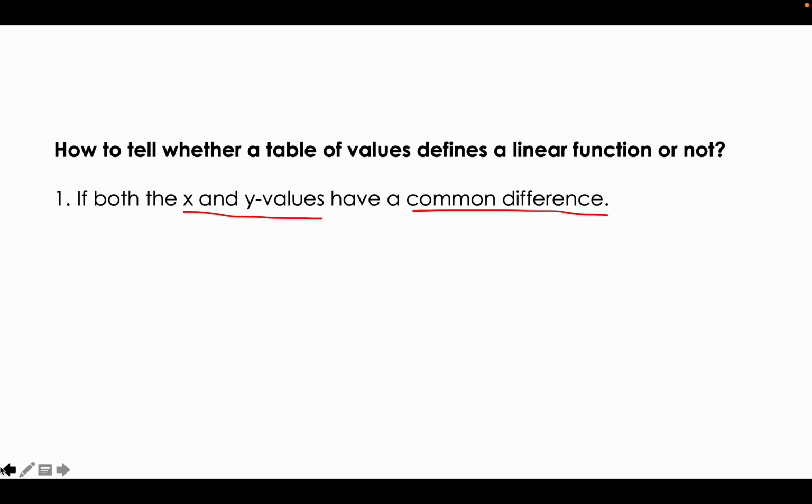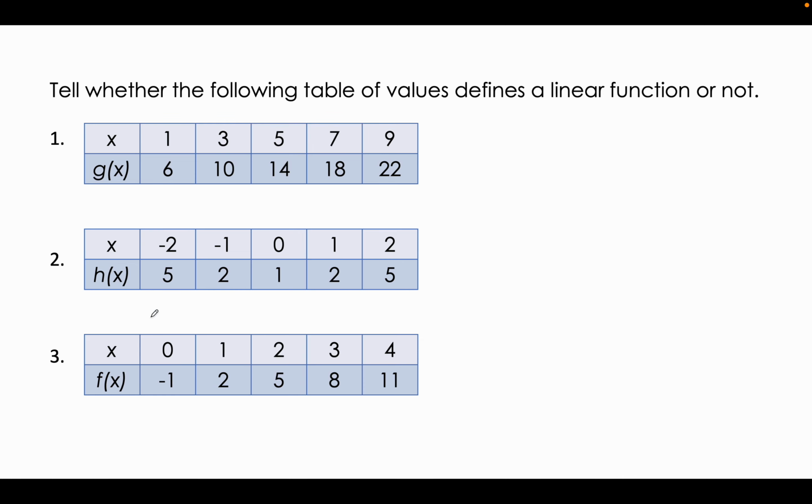Okay. So all we need to do actually is to get the difference between the x values and the y values. So paano ba 'yon? Eto, we have here 1 and 3, kukunin natin. So if we're going to get the difference between 3 and 1, difference meaning subtraction. So 3 minus 1, we have 2.